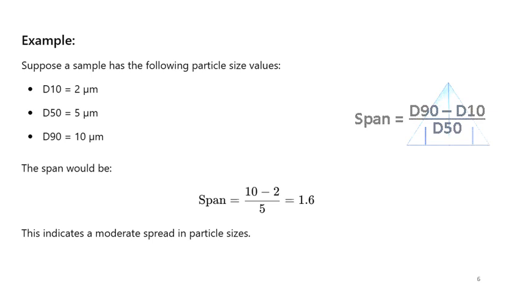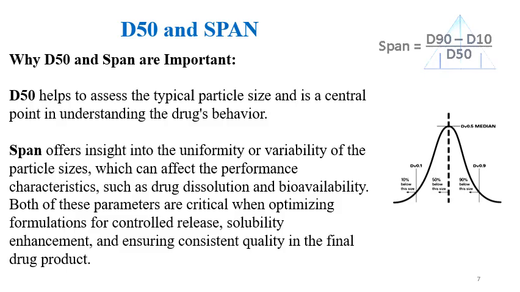If the span values are lower, it means the particle size distribution is uniform. And if it is more than the moderate spread value, it means the powder contains particles which vary in particle size. That means the range is higher.